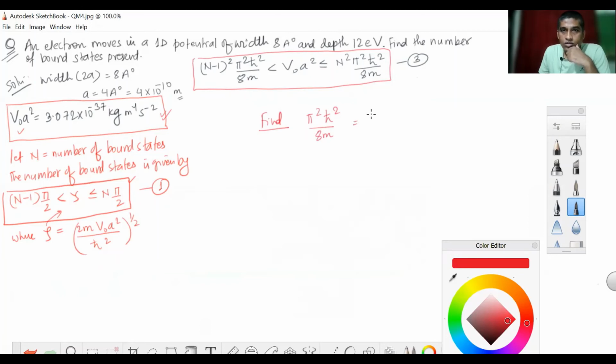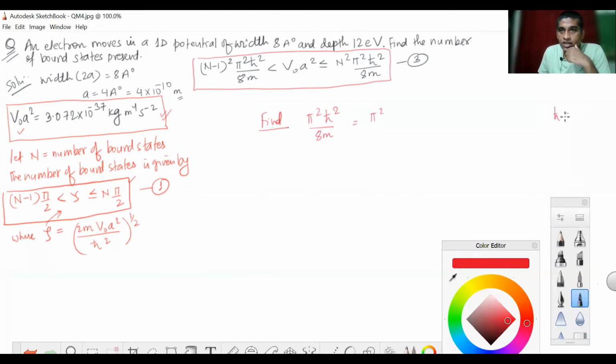So we have pi square and we know h bar is h by twice pi. Okay, so we can write this as h by twice pi whole square divided by 8m, and m is the mass of electron. So you need to note this, okay? So let us find this.